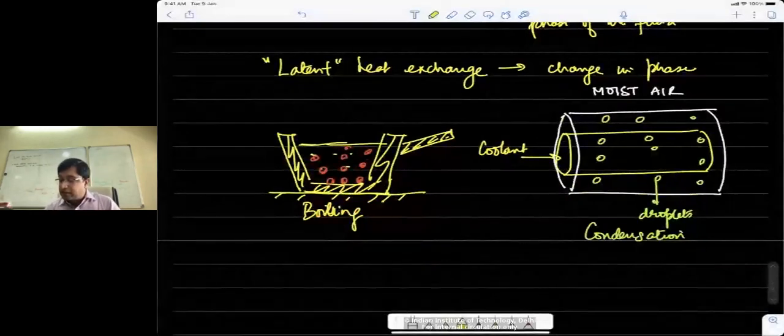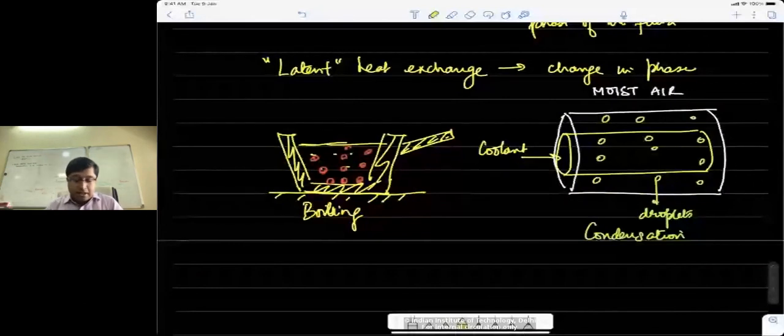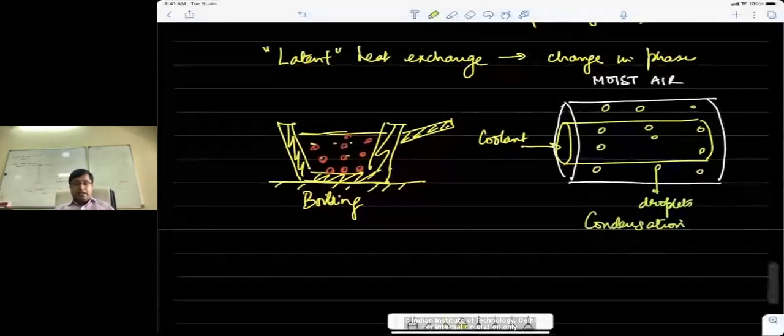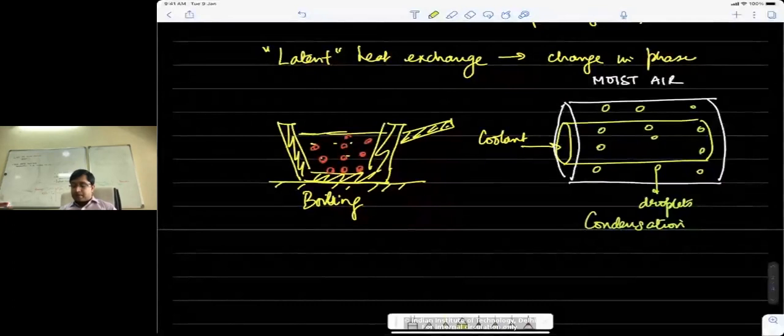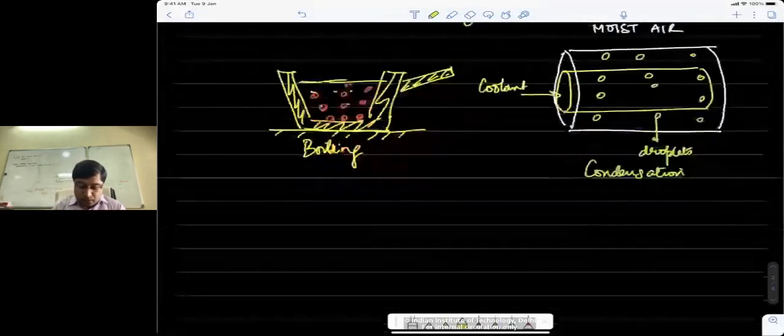So latent heat exchange is also considered in convection heat transfer, since both these mechanisms induce some form of fluid motion, or rather fluid motion is inherent to these mechanisms. For all these mechanisms that I have covered so far, there is a basic way of describing how much heat transfer is going to take place, and that is given by a famous equation.